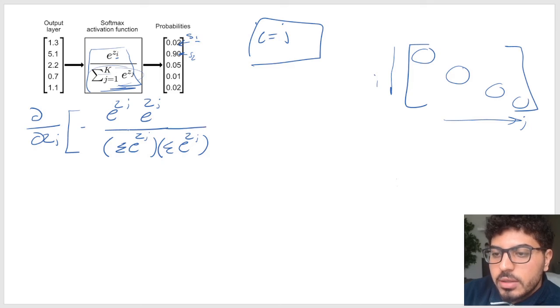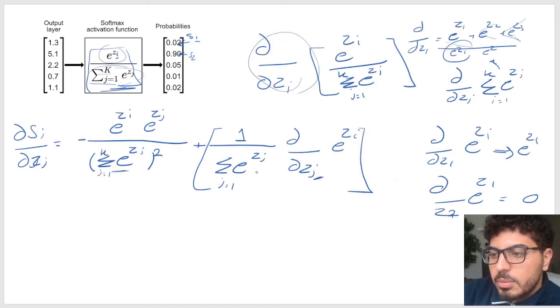I just converted the power 2 into two brackets, and then plus, here our derivative was 1 over sigma e to the zj multiplied by the derivative of e to the zi with respect to zj. When i is equal to j, it's as if I'm saying what's the derivative of e to the power zi with respect to zi, because i is equal to j. So it's this situation here. When i is equal to j, it's nothing but e to the power zi itself.